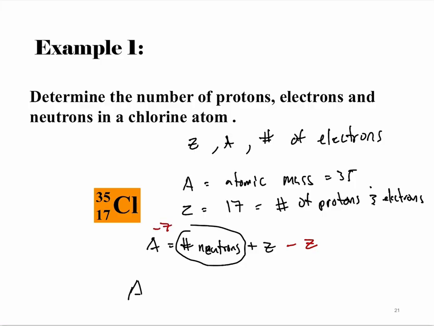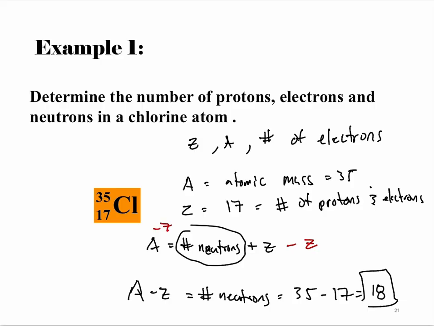That gives us A minus Z is equal to the number of neutrons. So 35 minus 17 equals 18. All right, so we should be comfortable looking at an elemental symbol and determining what isotope it is, how many electrons there are, how many protons there are, and how many neutrons.